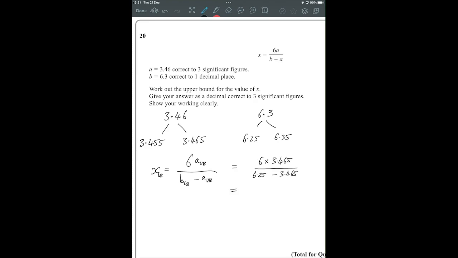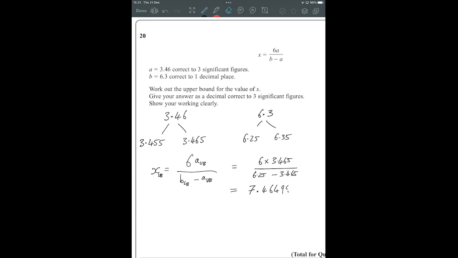I'm doing an excessive amount of working because I know this is what the examiner needs to see. If I type something into my calculator and I mistype, which is very easy to do, I only want to lose at most 1 mark. Whereas if I wrote out, let's actually write out a few more decimal cases because this one rounds weird.